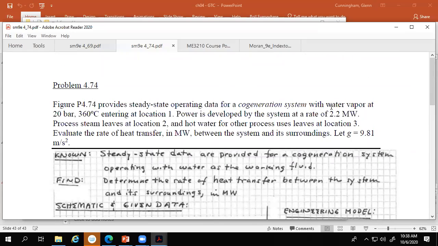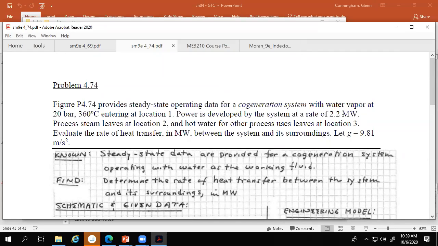All right, so what do we got up here? Steady state operated cogeneration. So with water vapor, we've got high energy steam, basically, 20 bar, 360 C entering location 1. Power is developed in the system at a rate of 2.2. We haven't really done all of the stuff on turbines we're going to do, so he's kind of holding off a little bit.